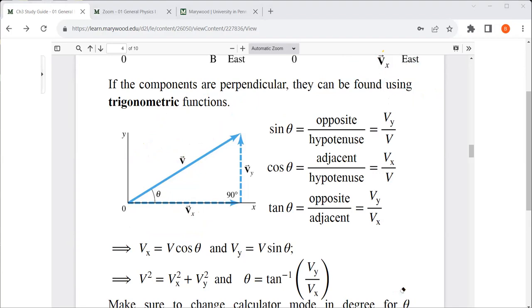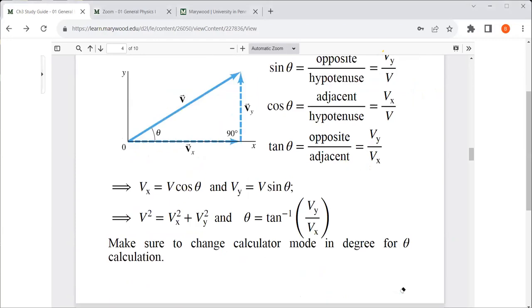All right, so here you can see that if we have a vector v, and if you know theta, then we can write vx and vy. On the other hand, if we know vx and vy, we can get back v from the Pythagorean theorem and theta from the tan theta equation.